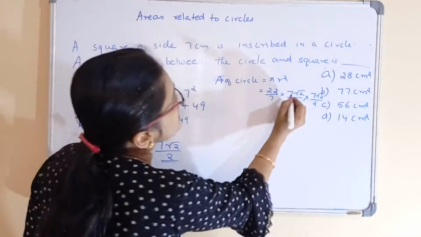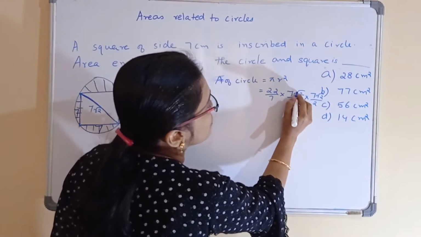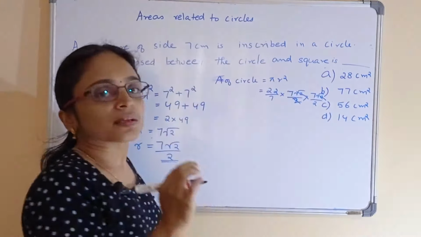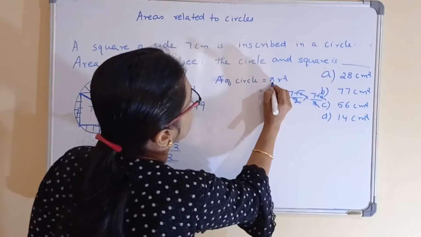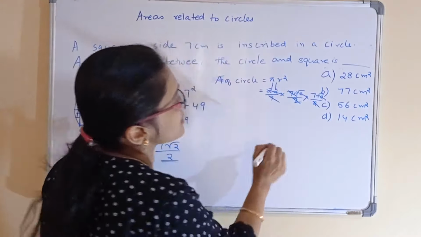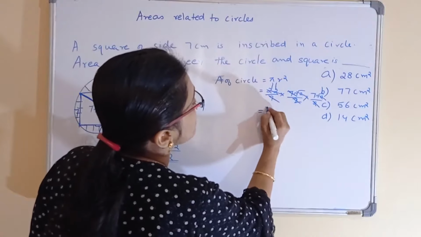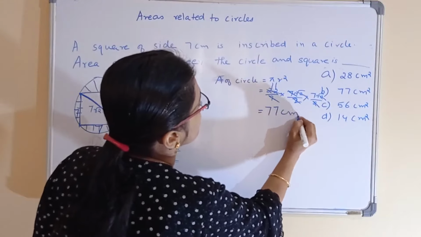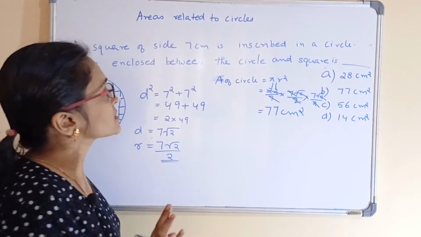So root 2 into root 2 is 2. So this root 2 and root 2 will cancel with this 2. And this 2 will go in 22 11 times. And 1 7 will get cancelled from this. So we have 11 into 7, which is 77 centimeters square. So the area of circle is 77 centimeters square.